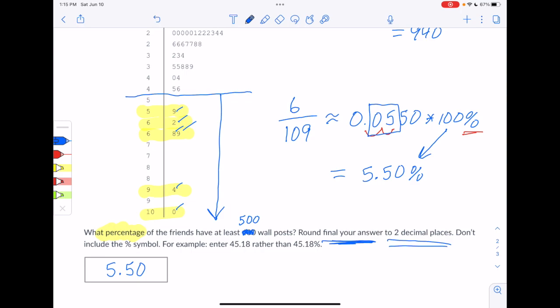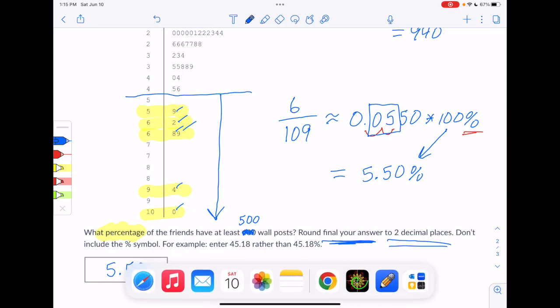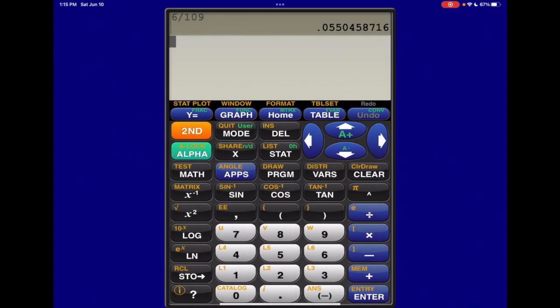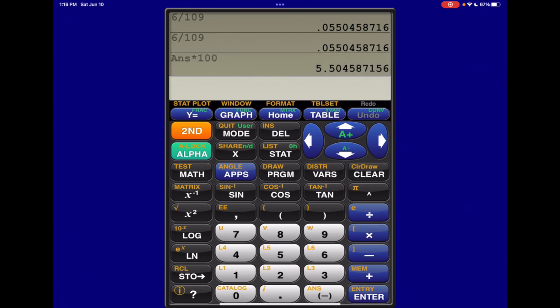So don't round to 2 decimal places right after you divide. Take extra decimal places, multiply by 100%, and then round to 2 decimals. In fact, if we go back to the calculator, you could even take your 6 divided by 109, have all those decimals there, multiply by the 100%, the percent I can't show on the calculator, and then here's the percentage form, 5.50. So you can do that even before you round if you want.